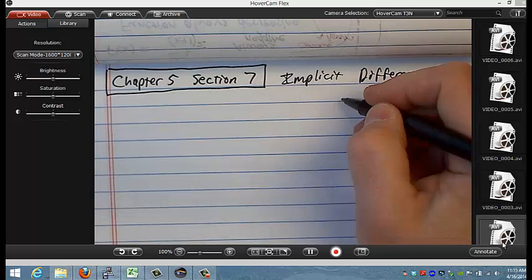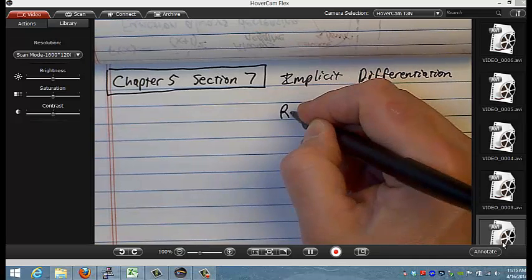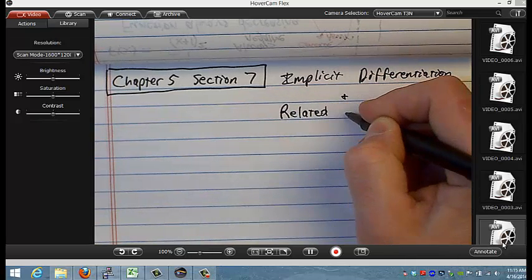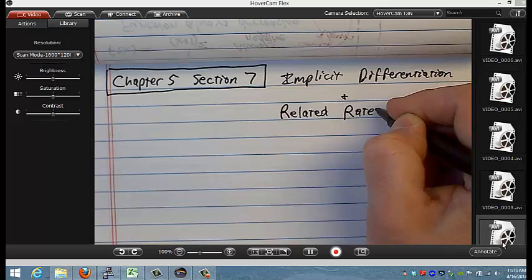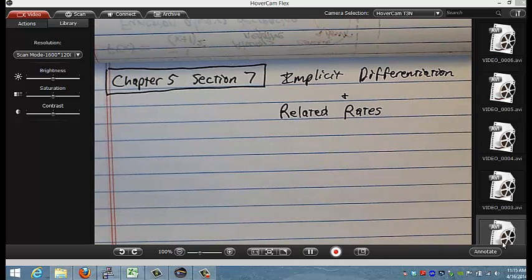And then we're going to do some related rates problems. And actually, these are 2 very nice topics that definitely belong in Applied Calc 1, not Applied Calc 2.